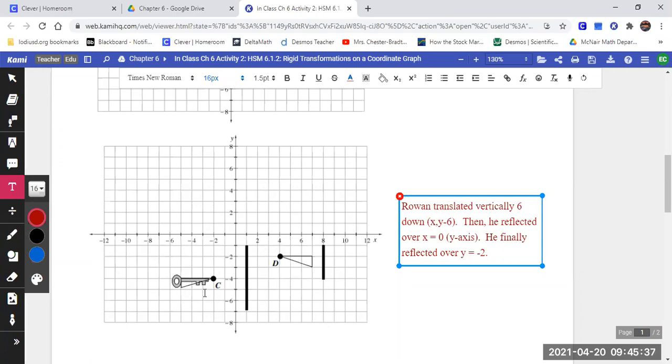But what do we need to do first to get us over to where D is? What should we do first? Since we cannot spin, since we cannot flip, what are we left with? We can't reflect, we can't rotate, so we have to do what? What's left?